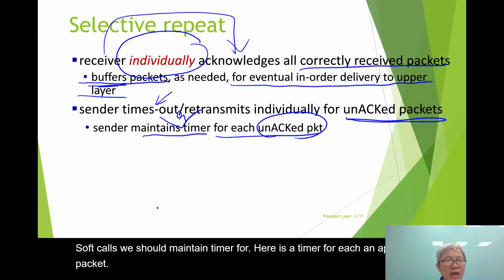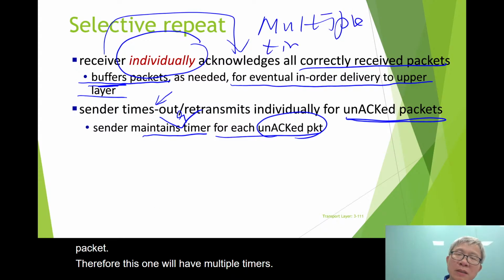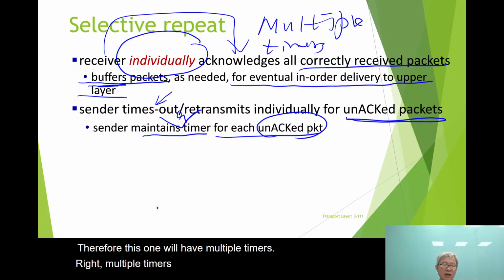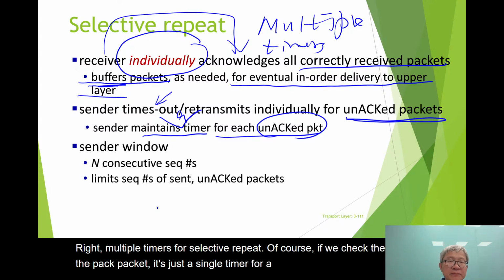Therefore this one has multiple timers, right? Multiple timers for selective repeat. Of course, if we check the timer for a packet, it's just a single timer for a single packet.